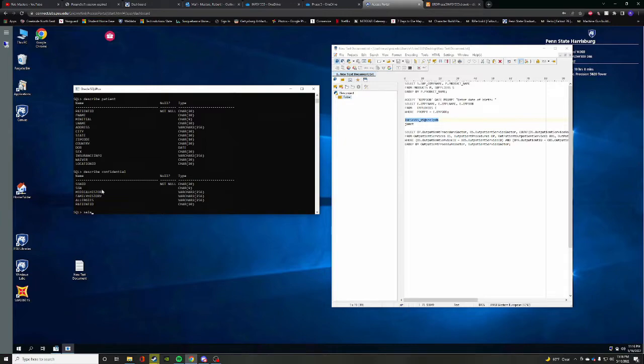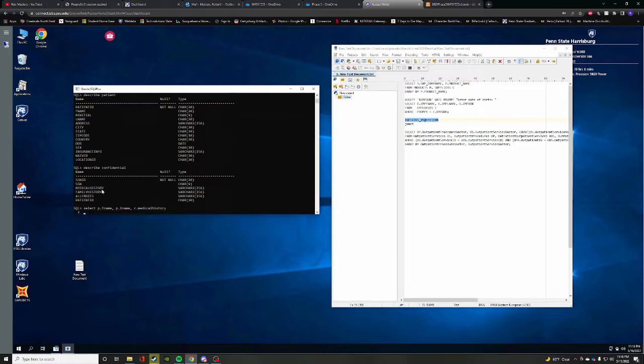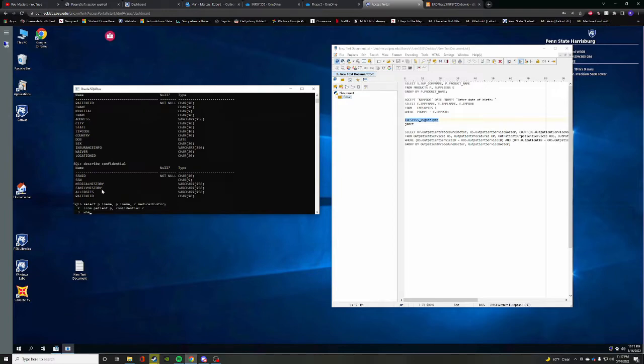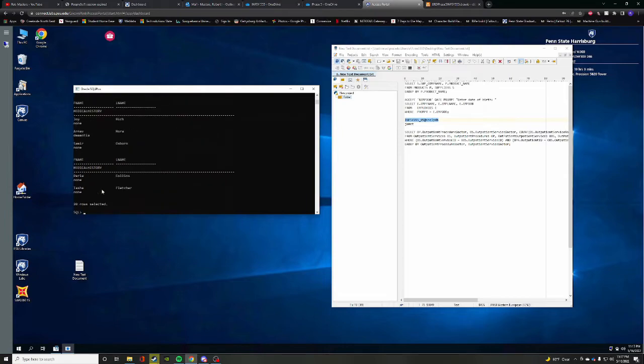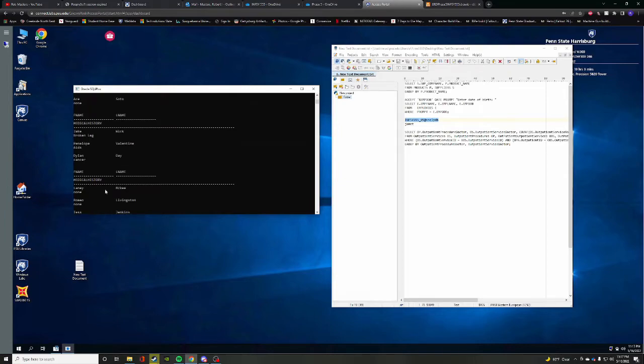Let me do this query. All right, and we have 20 rows just like we have 20 patients, so that gives you that unique join.